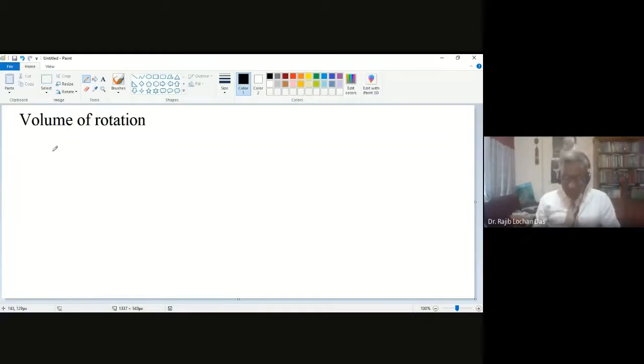So what I will write, the function is y equal to 2x minus 1, and the range of x is given. It is written like within the x interval.